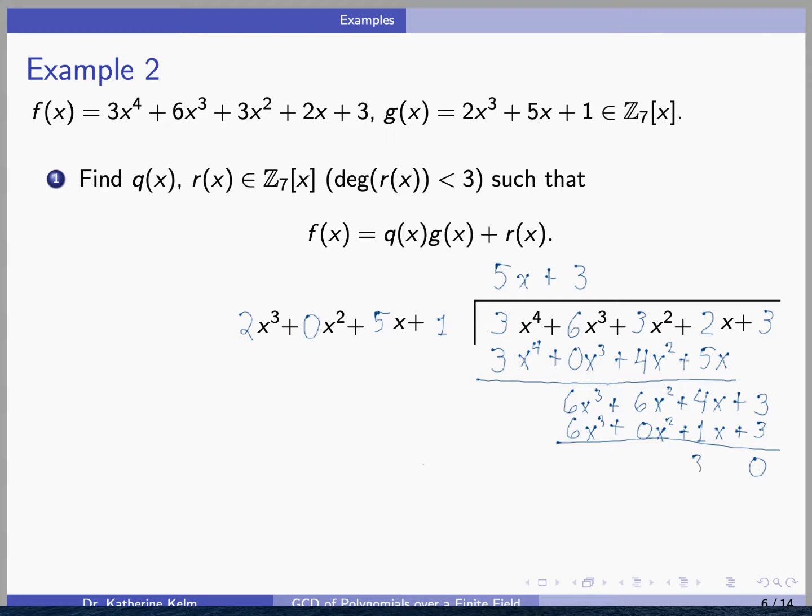Then we subtract. And so we have our quotient, 5x plus 3, that's our q of x. And we have our remainder, which is r of x.